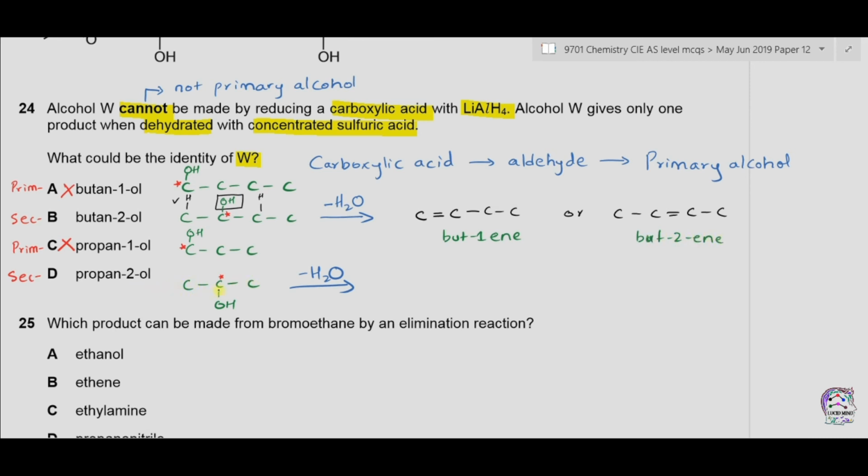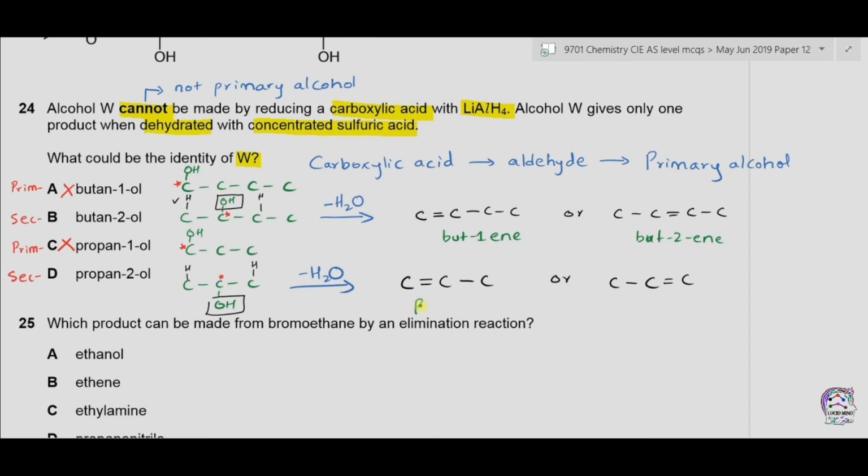Now for D we can see that OH is removed from the central carbon atom and hydrogen can be removed from this adjacent carbon or from this adjacent carbon. So we can write it like this. Either the double bond is between the first and second carbon atoms, or it could be between the second and third carbon atoms. Now let's find out the names.